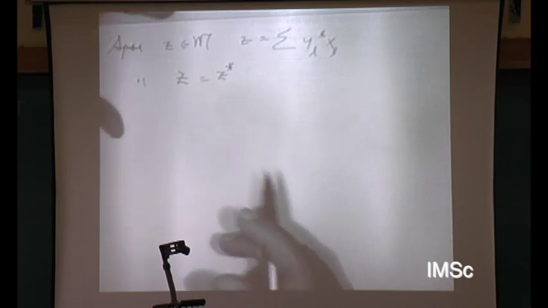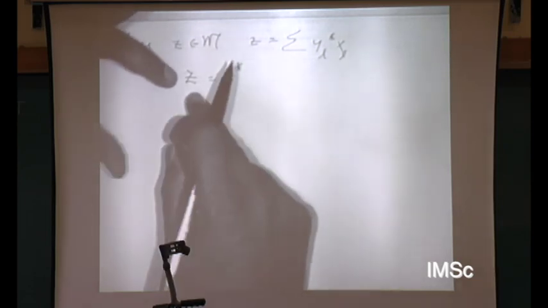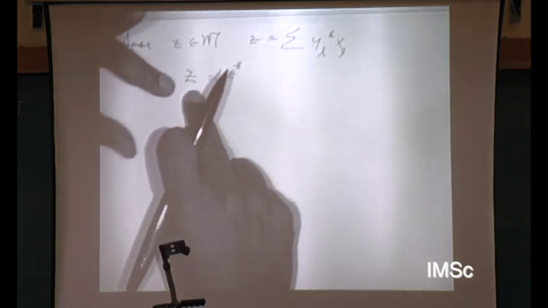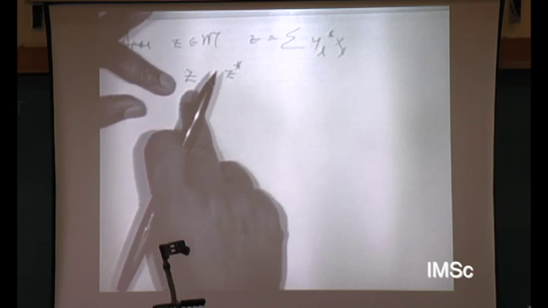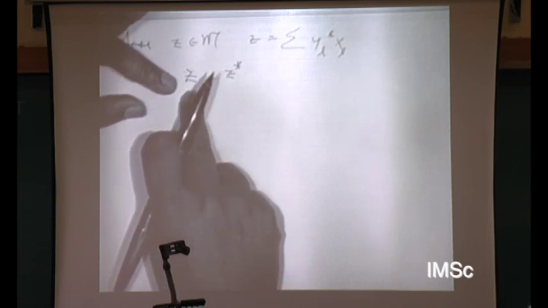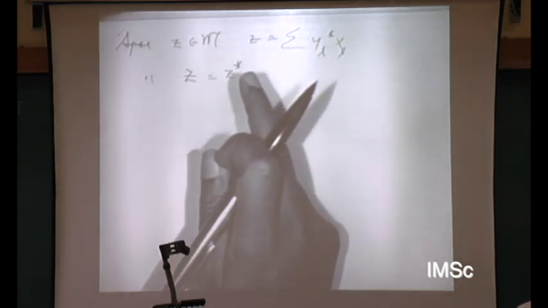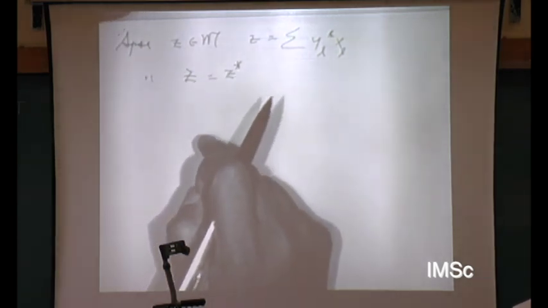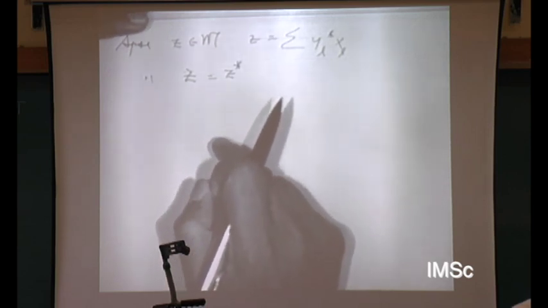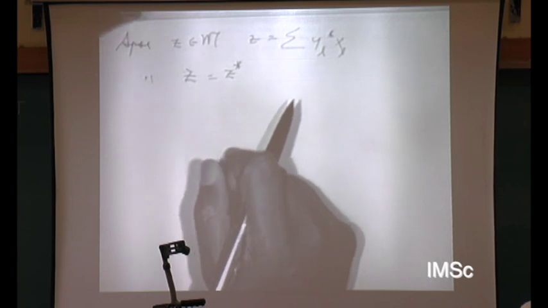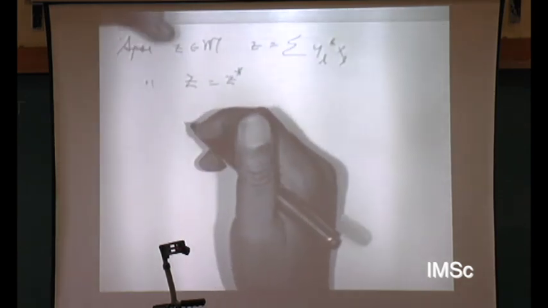Okay, so that means I must write this as a linear combination of things in N star N. But what is this? No, I must show that this belongs to D.